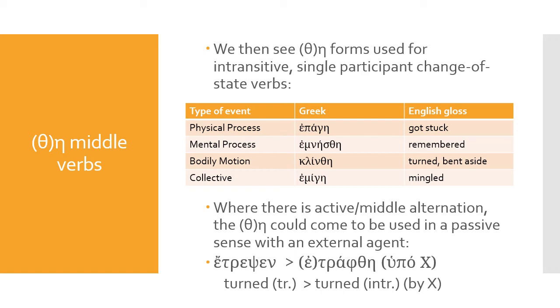So here the subject, etrapte, turned themselves or was turned, hupo and then ex. So an external agent can be expressed with a theta eta middle or with a regular middle by the use of the main construction hupo followed by the agent.